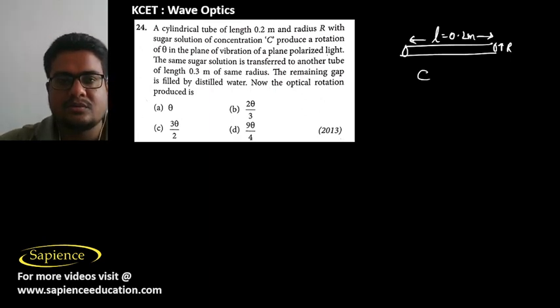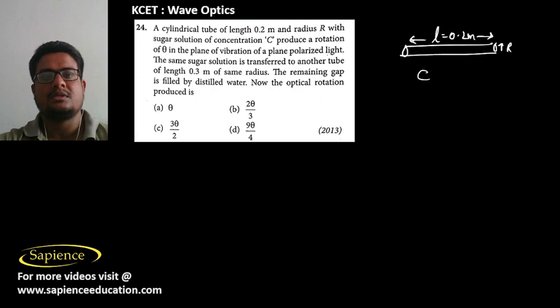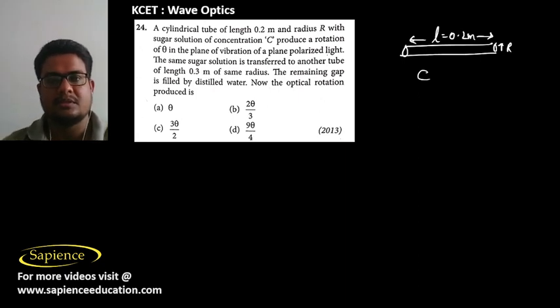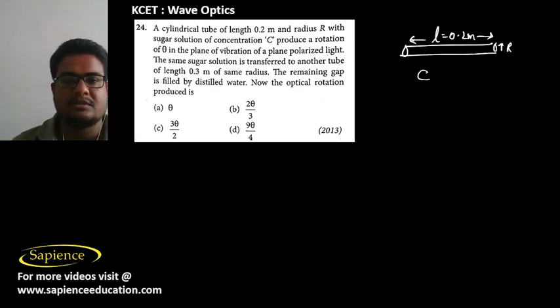The same sugar solution is transferred to another tube of length 0.3 meter of the same radius. The remaining gap is filled by distilled water. Now the optical rotation produced is?